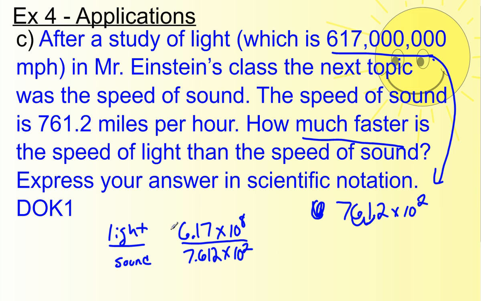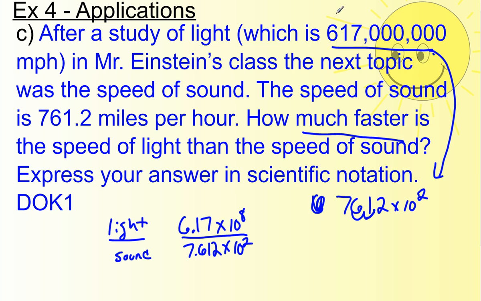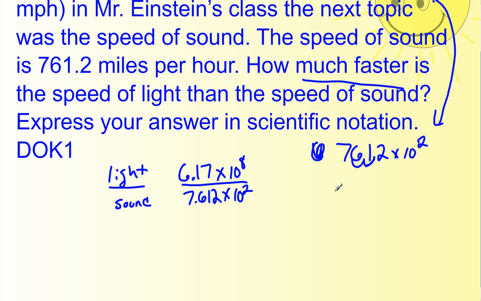And now if I simplify this ratio, if I divide it, I'll find out how much faster the speed of light is than the speed of sound. And by the way, I looked it up. The speed of light is actually 671 million, not this 617 million. But we'll continue with the problem the way we have it.